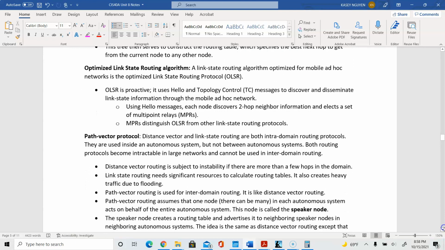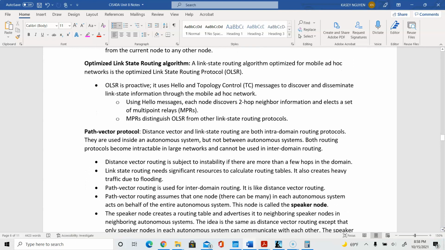The next type of algorithm is called the path vector protocol. This is a combination of distance vector and link state, and they are inter-domain protocols. This is used between autonomous systems, which is different than your router. Routing protocols are utilized in a larger network, and they cannot be used in intra-domain routing.